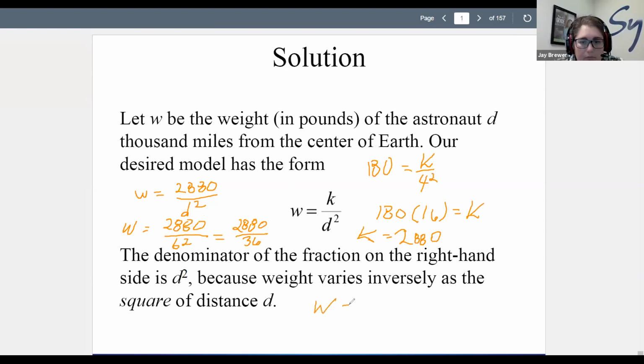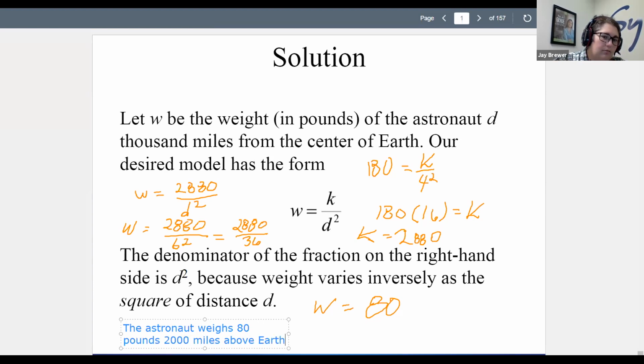So W would be 80, which means if we wrote it as a sentence, which I guess I can use the text to do that: the astronaut weighs 80 pounds, 2,000 miles above Earth.